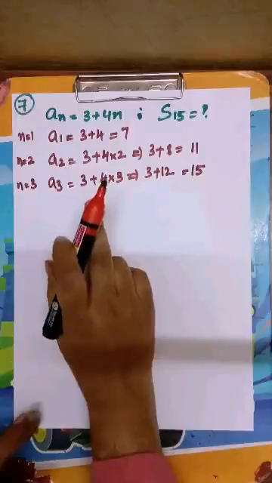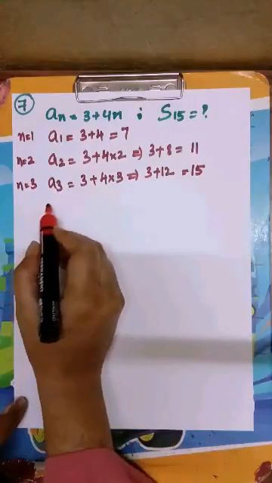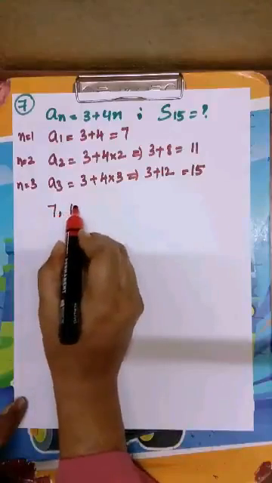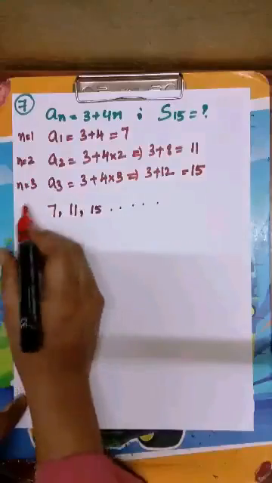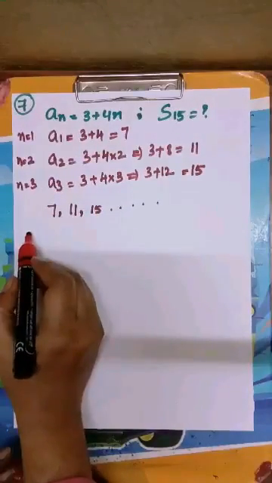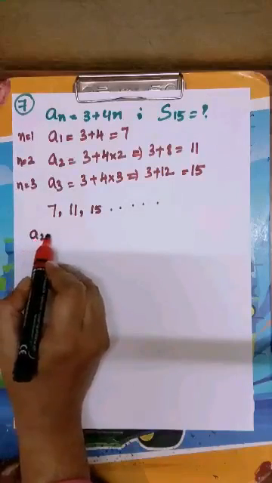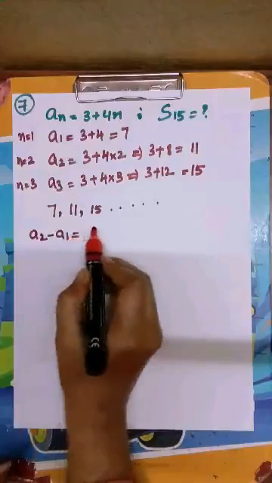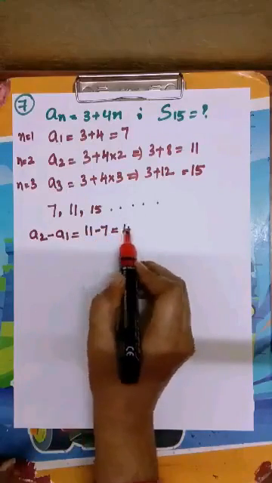Is it clear? We got first term, second term, third term. Now the pattern is 7, 11, 15 and so on. Now whether it forms an AP, we have to check. So that is second term minus first term, A2 minus A1. That is 11 minus 7, which is 4.